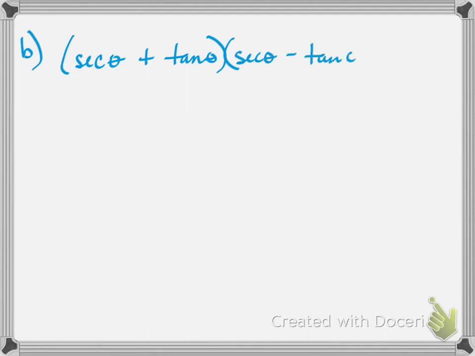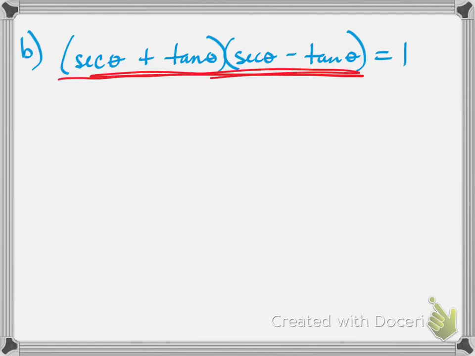We have secant theta plus tangent theta times secant theta minus tangent theta equal to 1. So we're going to transform the left side, because it's most complicated, into the right side.